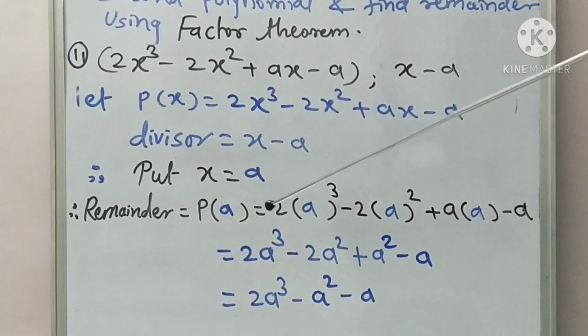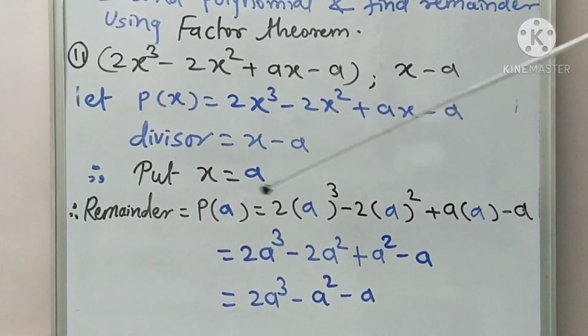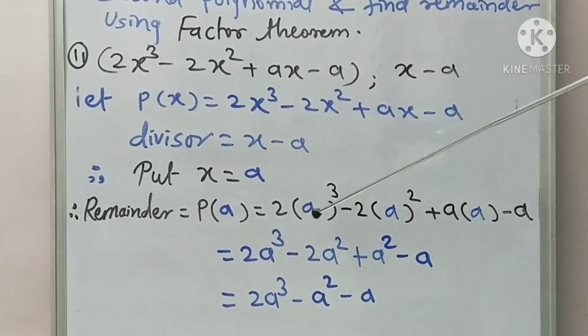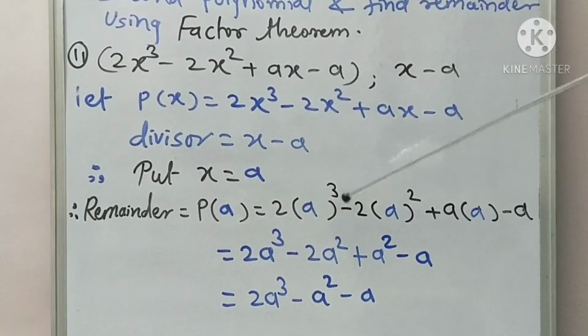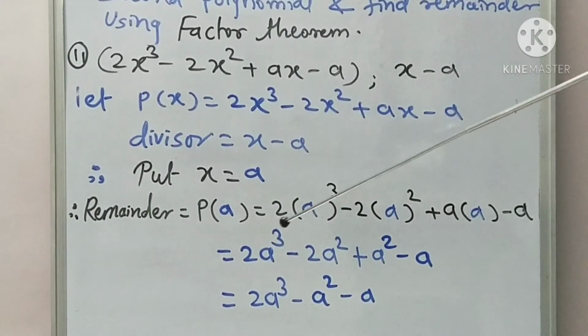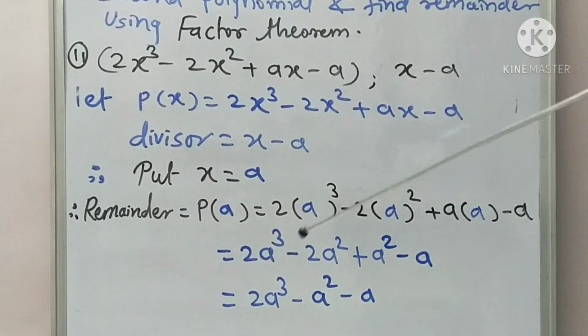Understood? So here as we put x equal to a: 2 into cube of a, minus 2 into square of a, plus a into a, minus a. In the next step we simplify it as 2a cube minus 2a square, and here we do the product a into a as a square, minus a as it is.